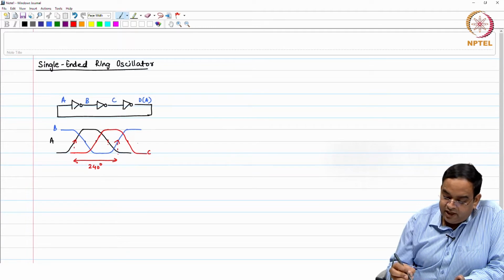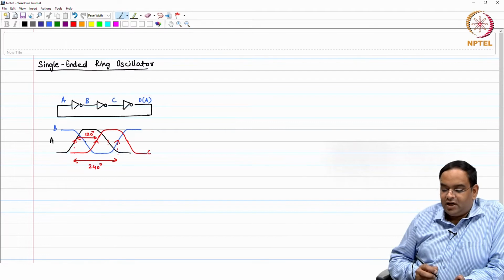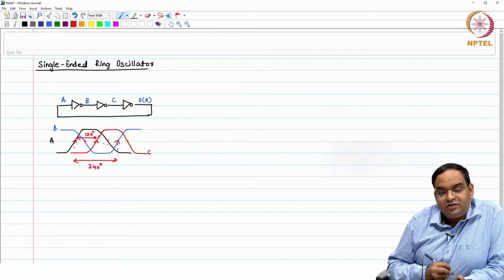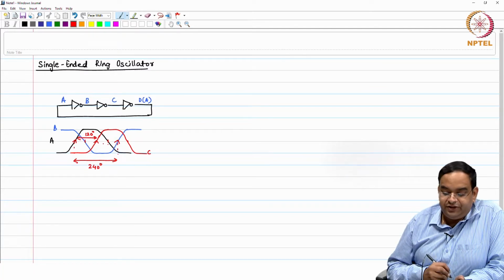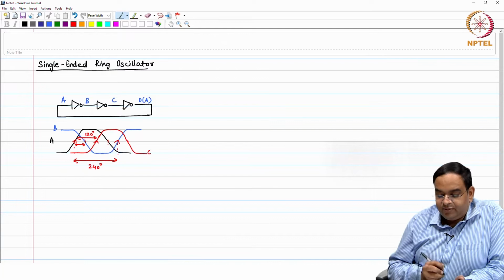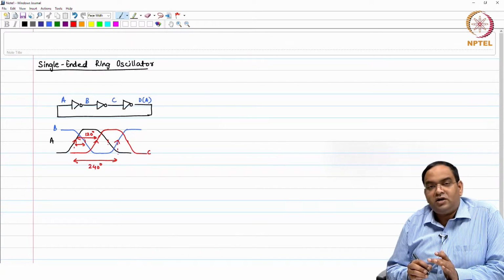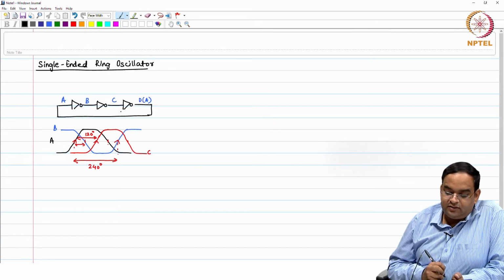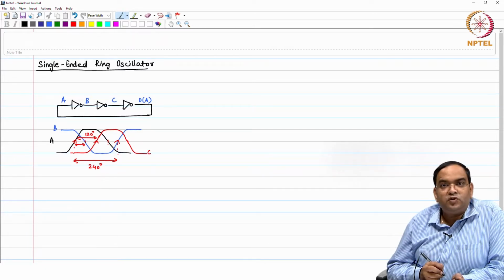The rising edge on A and the rising edge on C are separated by 120 degree. Between the rising edge on A and the falling edge on B, that is separated by 60 degree. So, you see the phase separation between the clock edges which are generated by using these odd number of inverters in the ring. They are like 120, 240 and so on.